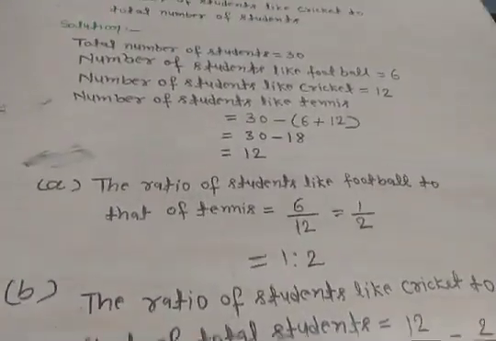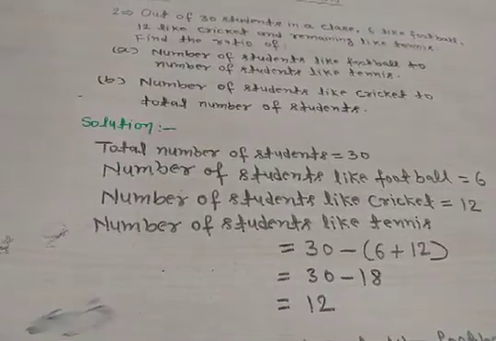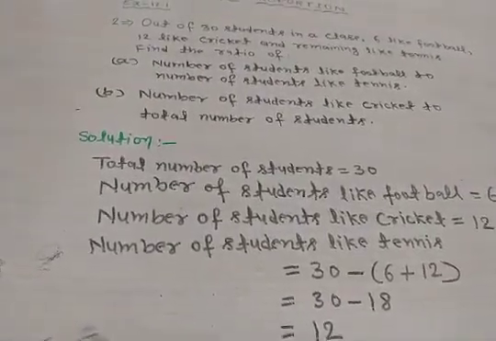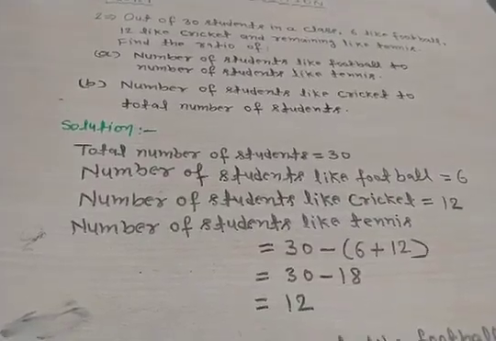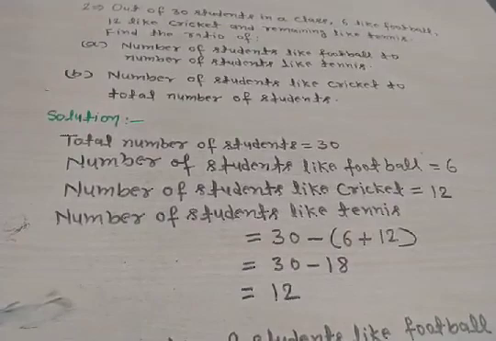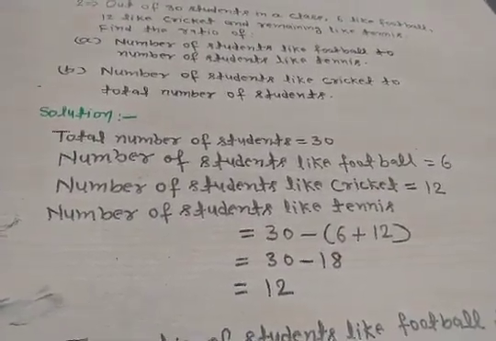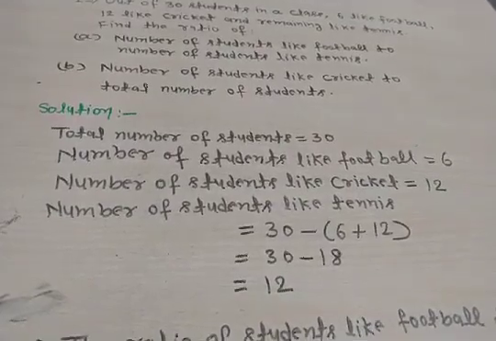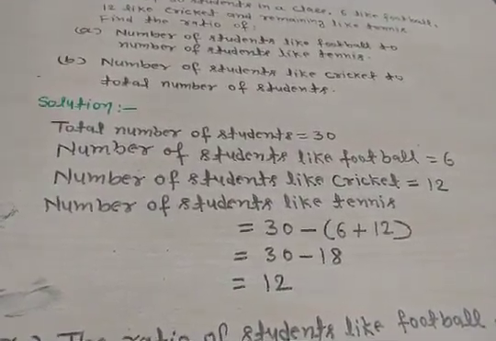So in this question, you can see first, total students is 30, number of students who like football is 6, number who like cricket is 12, and we find the number who like tennis. So 30 minus (6 plus 12) is equal to 12. The number of students who like tennis is 12.